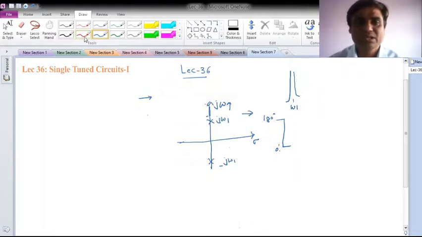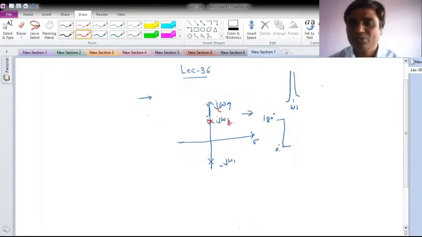Similarly, we have also seen what happens if the zeros lie on the imaginary axis. Let's say the zero is at j omega 2. At omega equal to omega 2, your magnitude will be 0. That will be the magnitude response. And what about the phase?